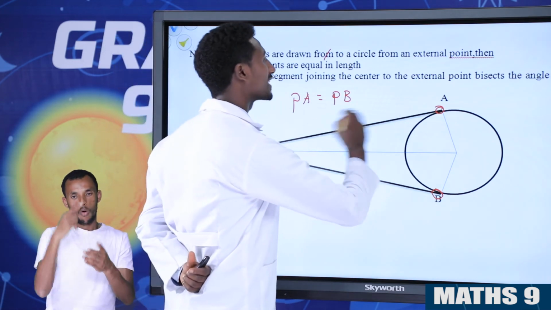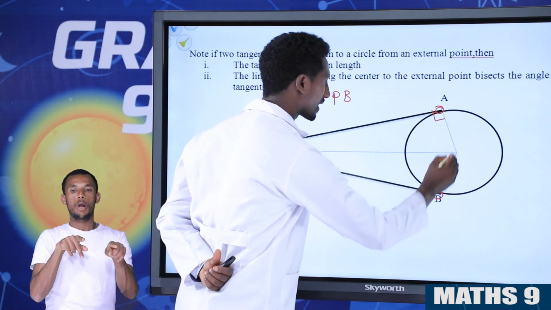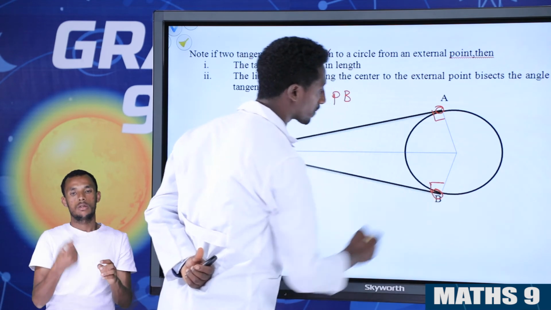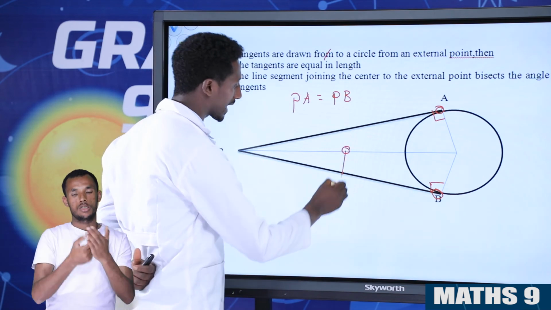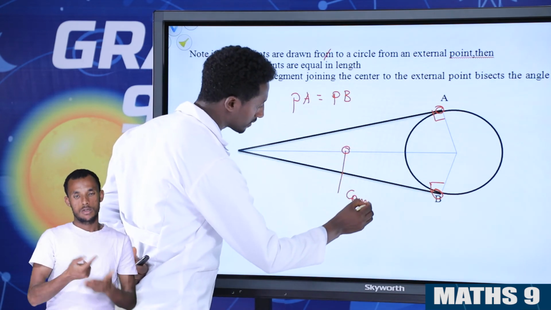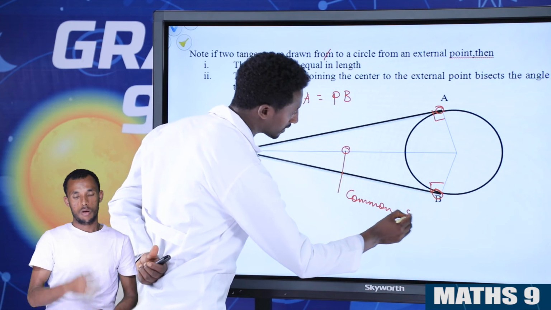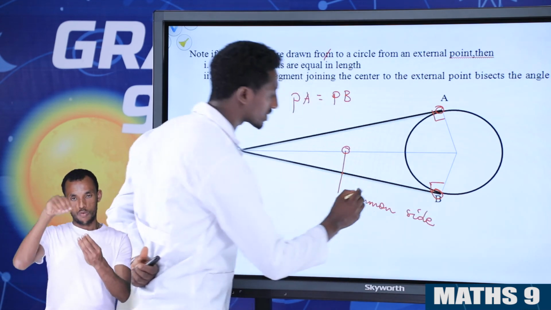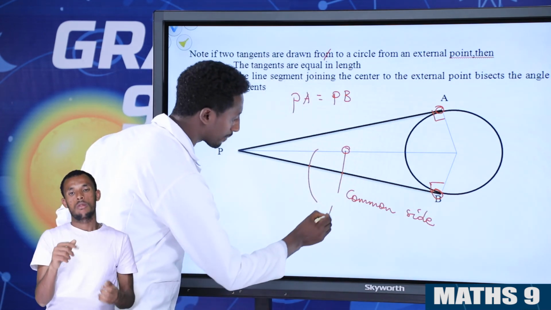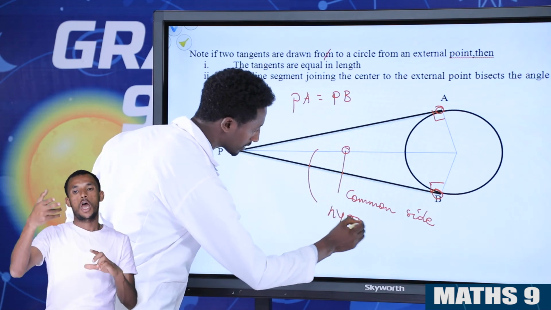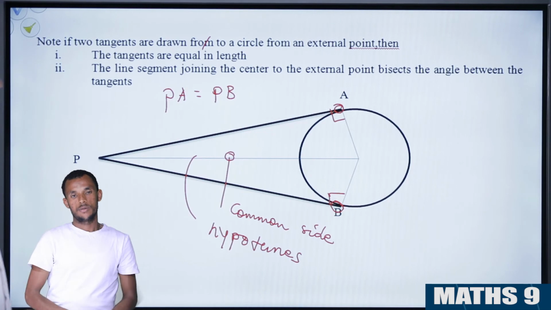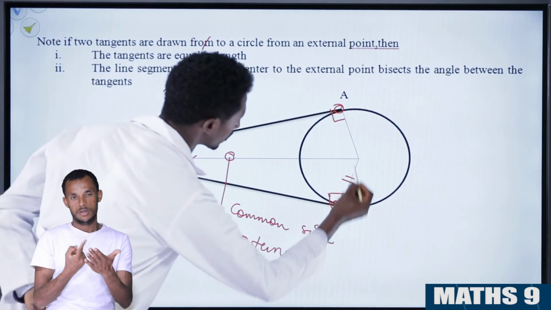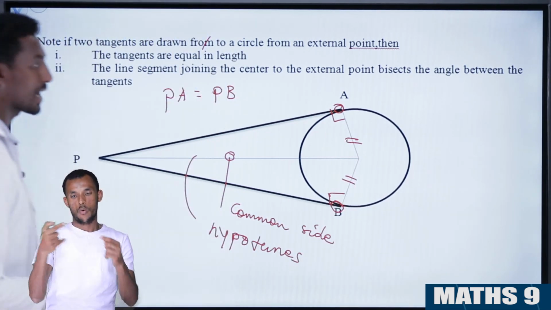Here the tangent is always perpendicular to the radius. And also this is a common side. For both triangles, this side is the hypotenuse. And these two sides are congruent because they are radii of a circle.